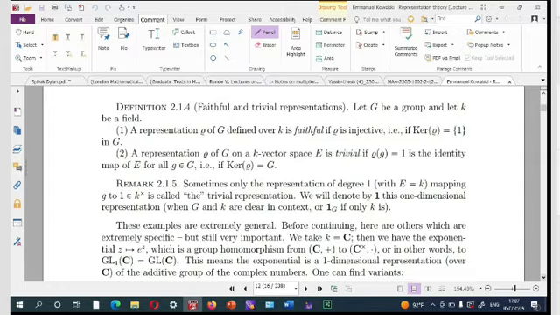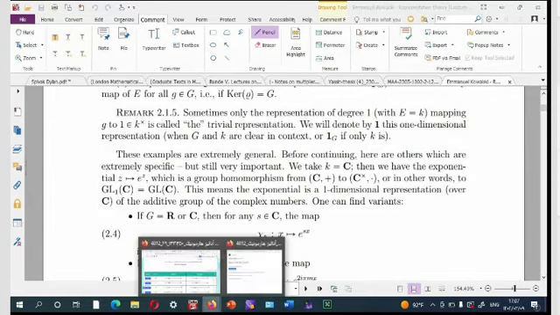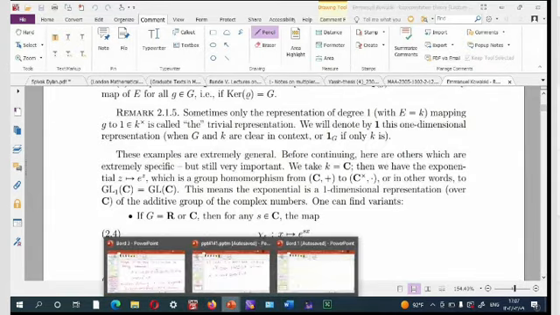Now we have some examples. At first we see this example from the previous session.